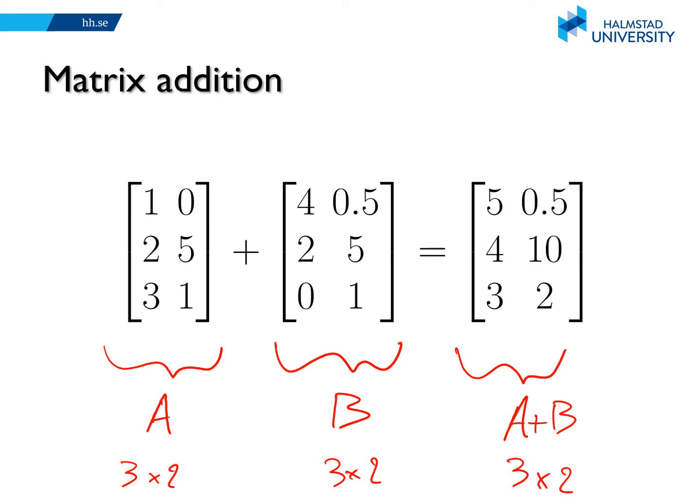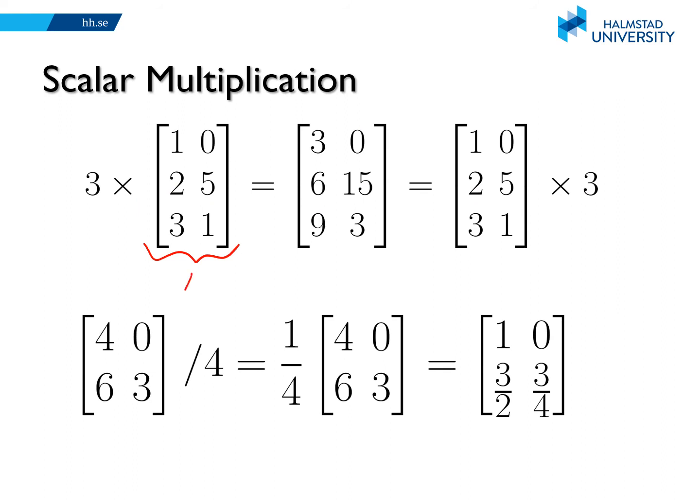So you add them element-wise. 1 plus 4 is 5. 0 plus 0.5 is 0.5, and so on. If you have a matrix A, you can also multiply it by a scalar value, for example, 3. That gives you a matrix, 3 times A, of the same dimension as A, where each element of this matrix is multiplied by the scalar value.